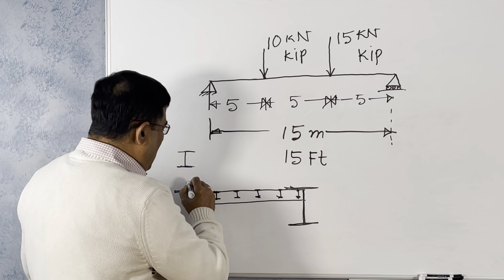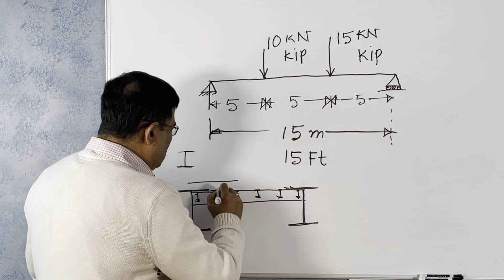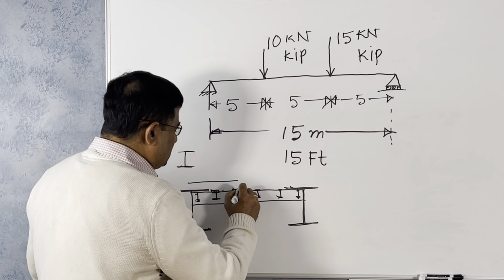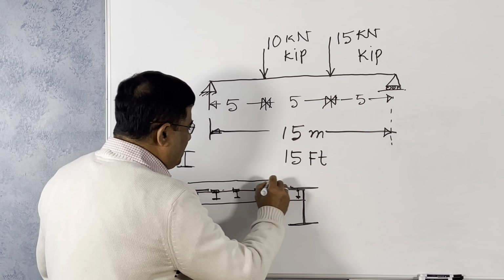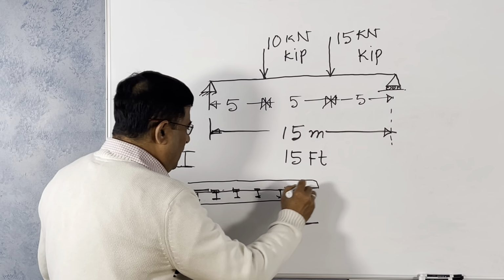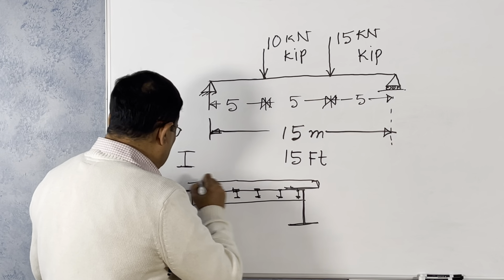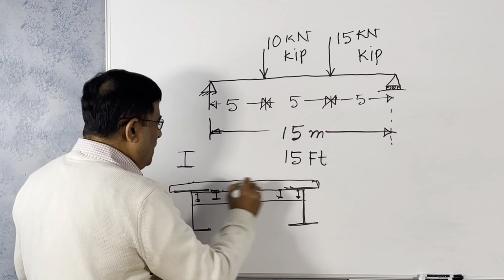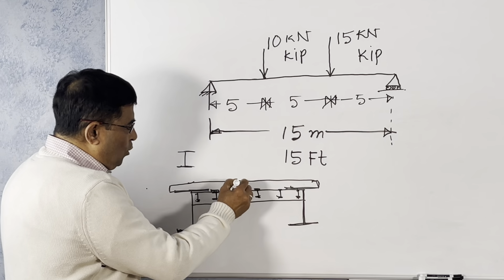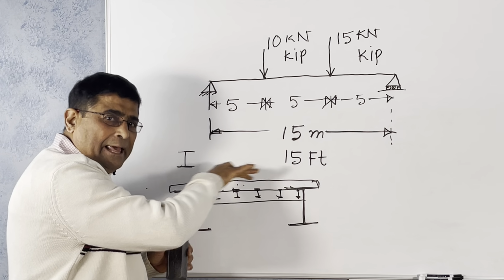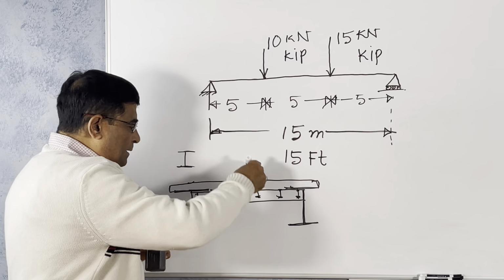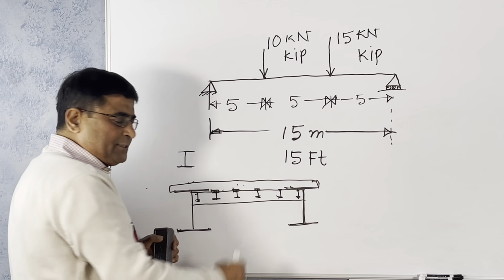On top, they have a deck. So what happens is the load from the deck or the concrete slab is carried by the stringers.